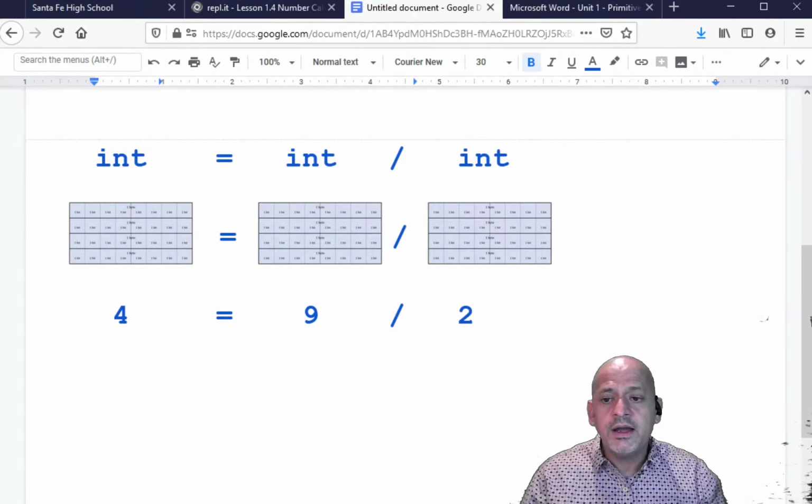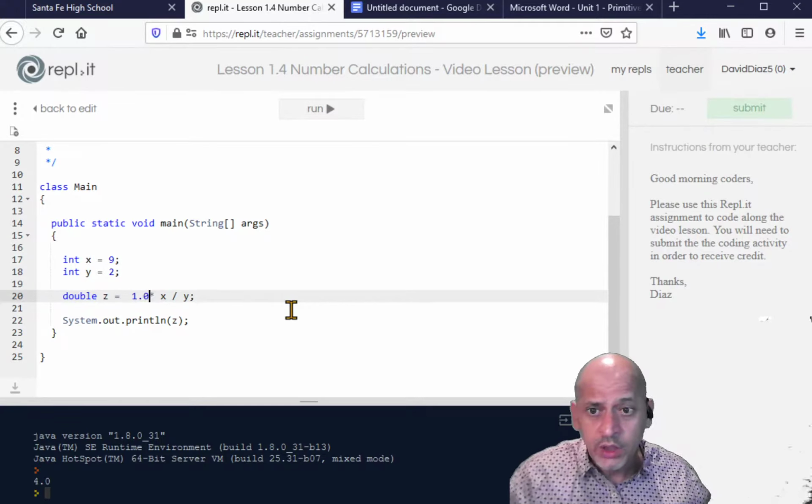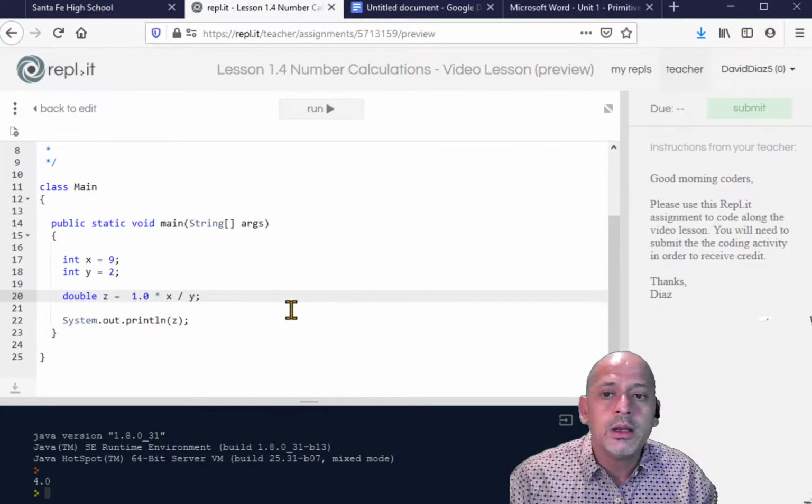So one way to fix it is as follows. There are going to be 2 ways that we're going to fix it, but for now, what we're going to do is 1.0 times. And sometimes we don't even place the parentheses. We just say 1.0. We are going to multiply by 1.0.